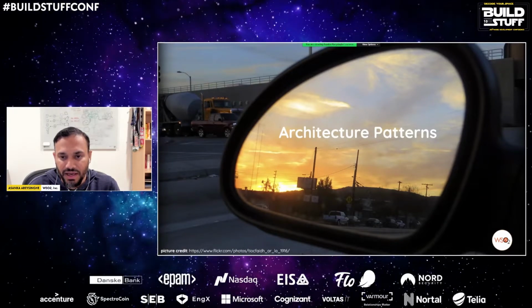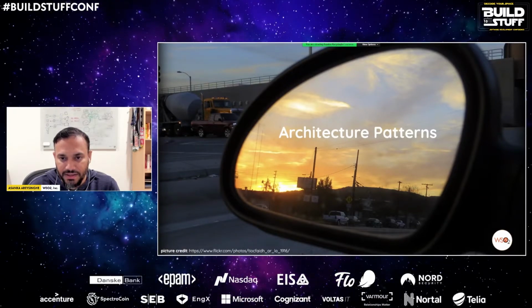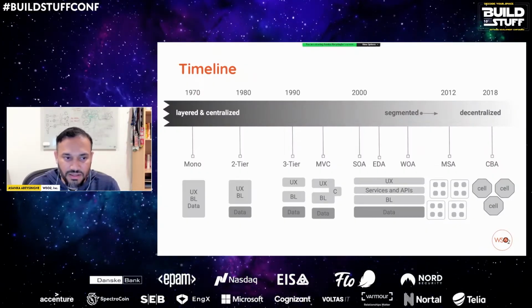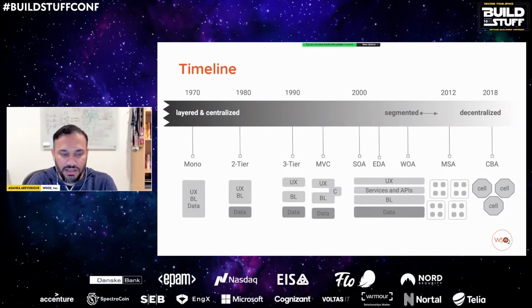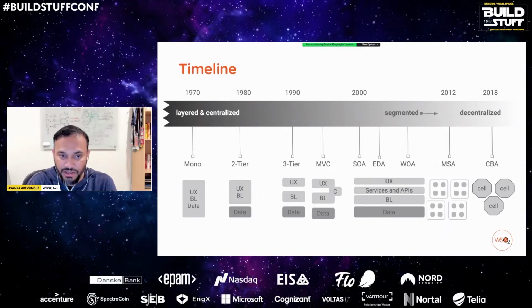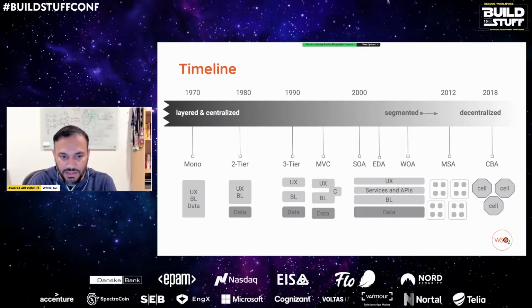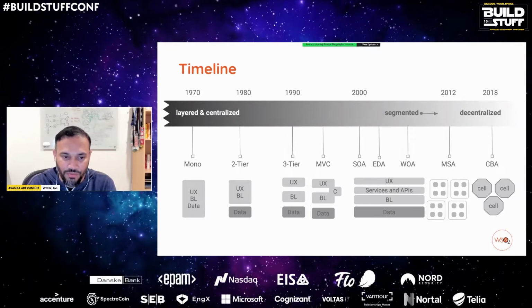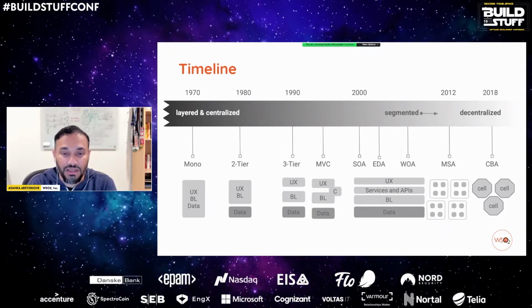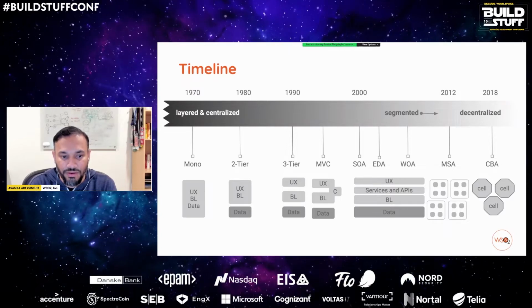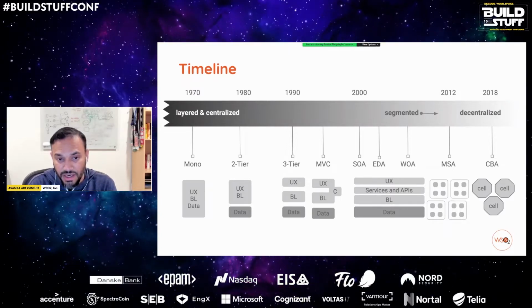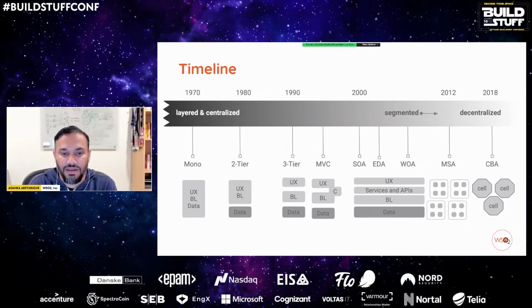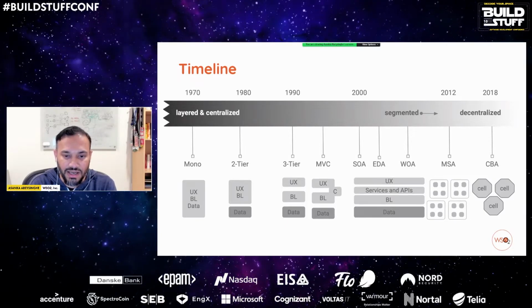So let's look at the architecture patterns, a history, and what we were using so far. So we started with monolithic architecture, where everything was bundled together. Then it moved to the two-tier architecture as data and database technologies got advanced. Basically, the user interface and business logic moved away from data. Then the three-tier architecture came, the most interesting era, where the user interfaces, business logic, and data got separated.